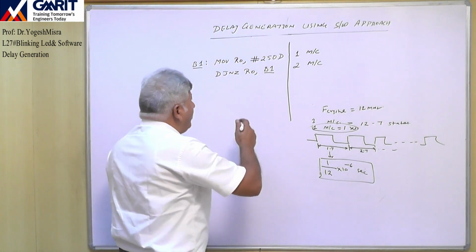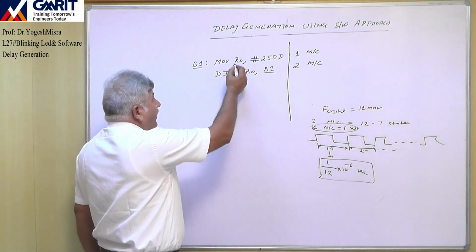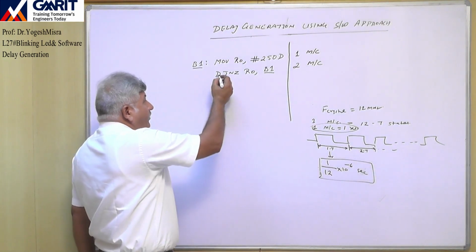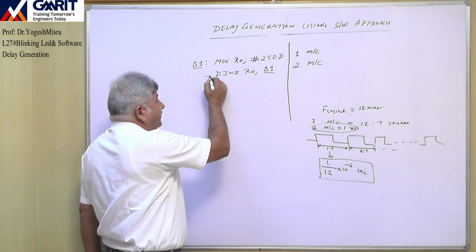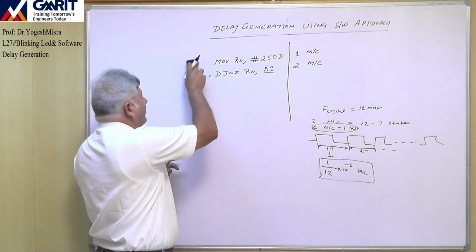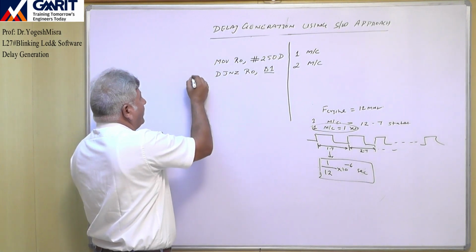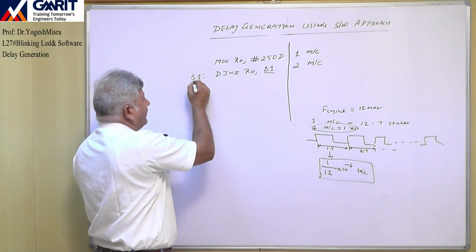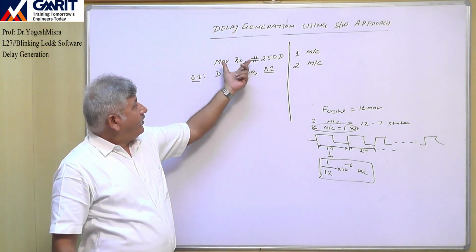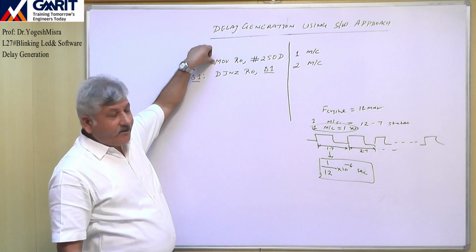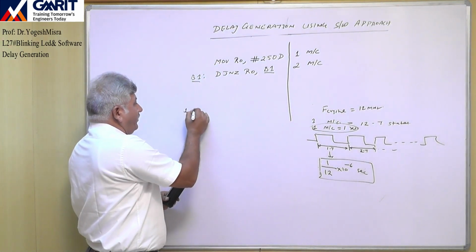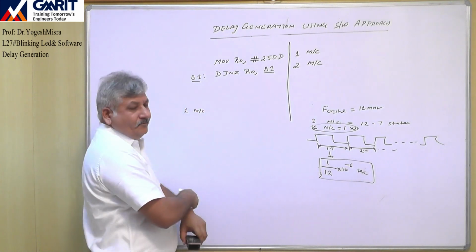Now in R0 we have the value 250. First the controller will execute the load instruction, which requires 1 machine cycle.